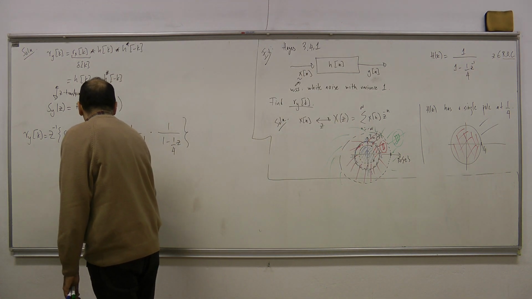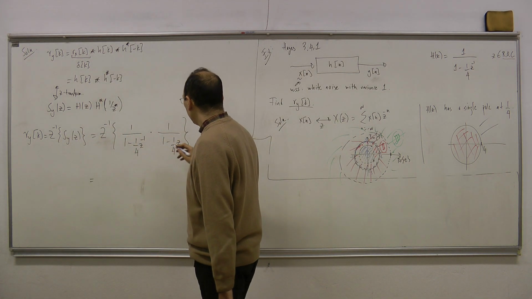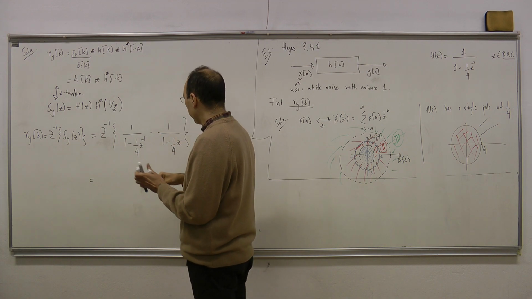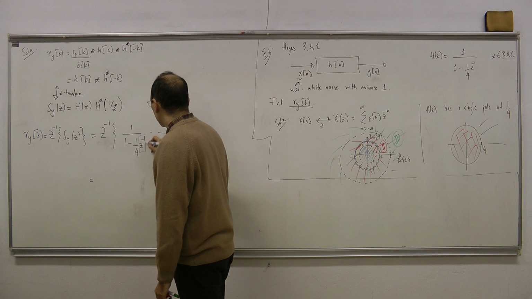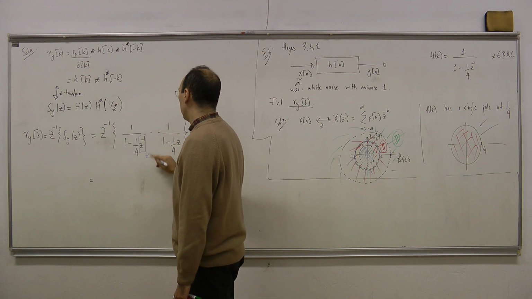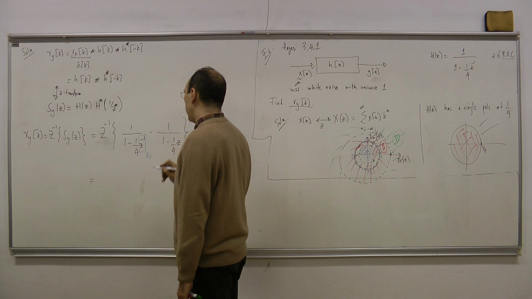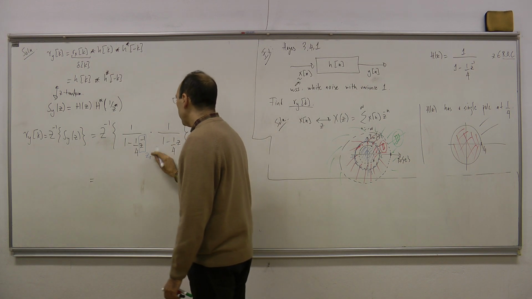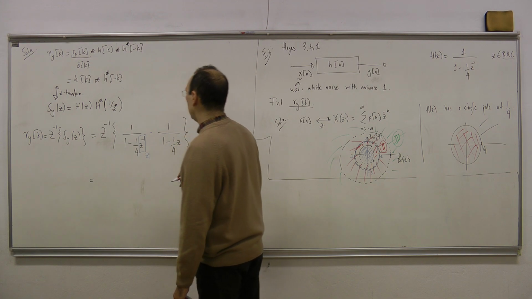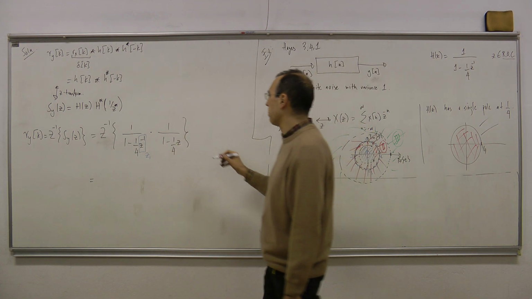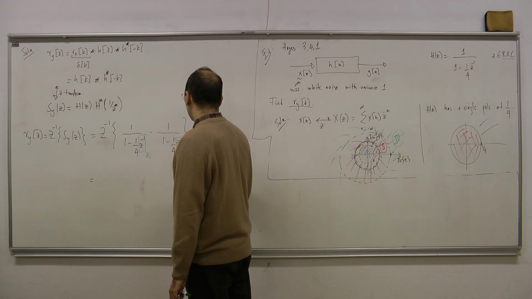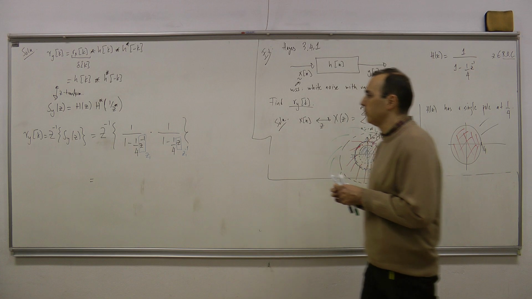Now for this partial fraction expansion, just for the sake of simplicity, I don't want to make mistakes at this point, so let me call this z inverse. Then this becomes z inverse to the power minus 1. Am I right?